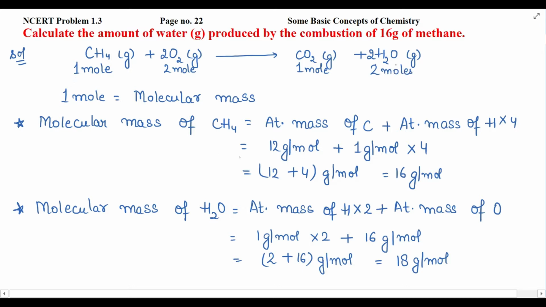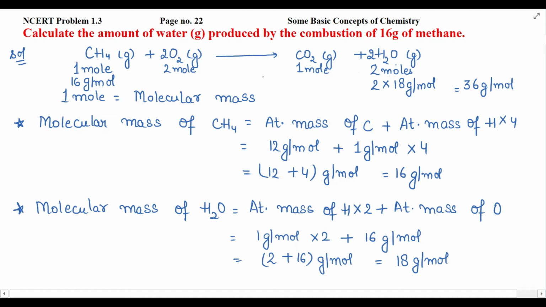So 1 mole equal to molecular mass, that means 16 gram per mole of methane reacts with oxygen and will produce carbon dioxide plus 2 moles of water. 1 mole of water equal to 18 gram, so that will be 2 into 18 gram per mole equal to 36 gram per mole. What does it mean? It means 16 gram per mole of methane produce 36 gram per mole of water, right?